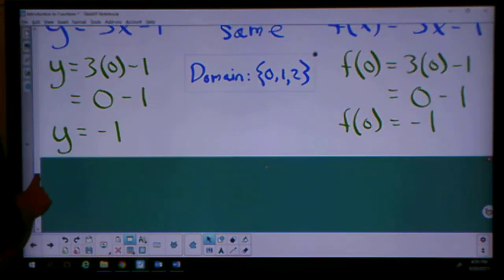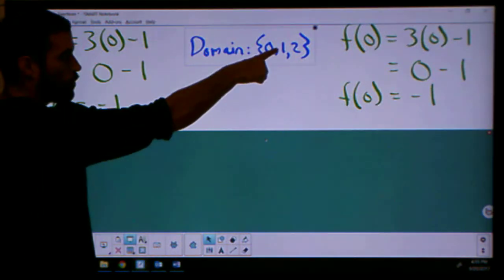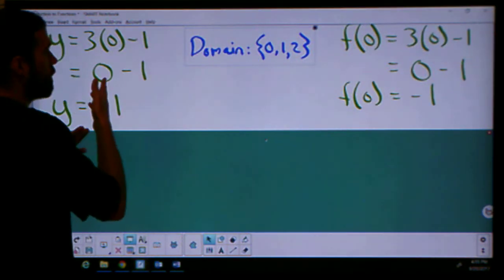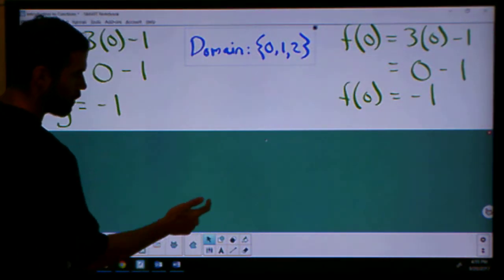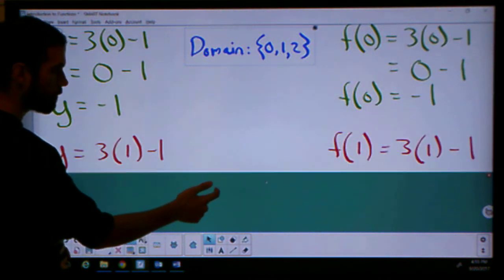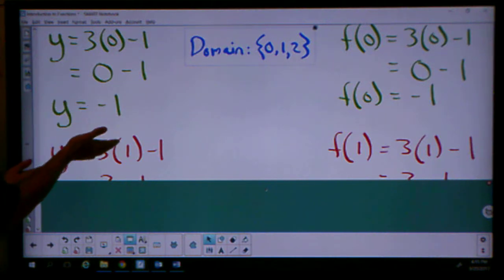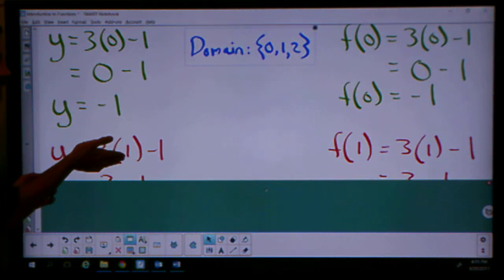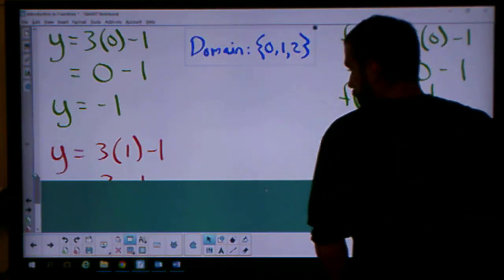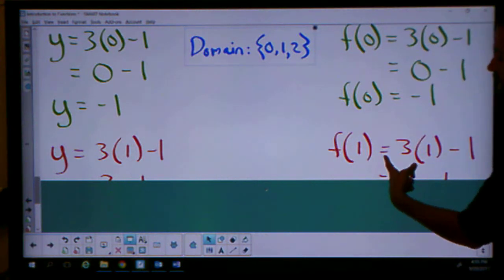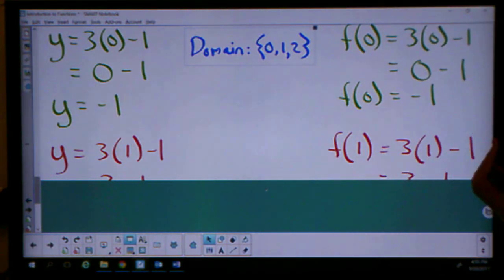Just to do one more domain, we have a domain value of 1 since we just evaluated 0. Here's the work for plugging in 1. Over here on the left, we just replace the x value with 1. But over here, we have to write out f of 1 equals 3 times 1 minus 1.